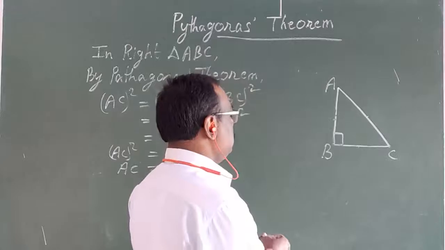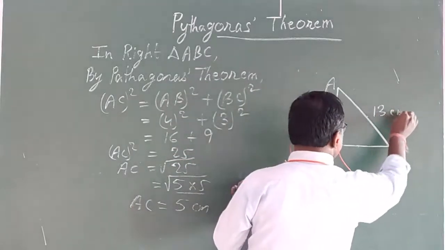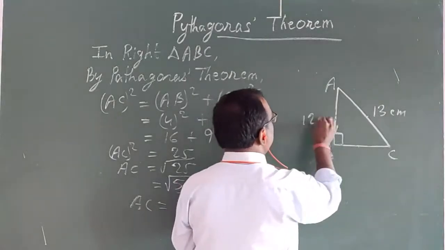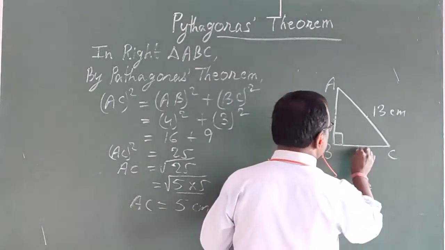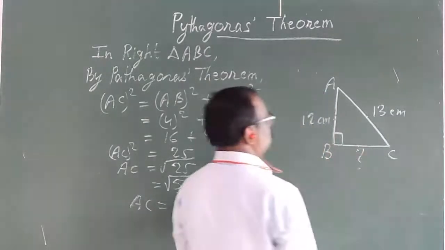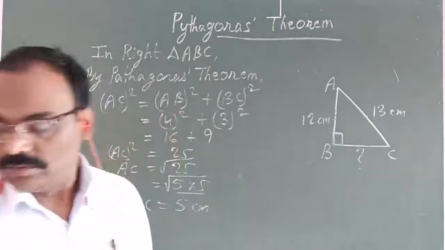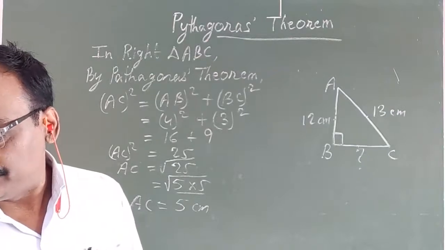Here if I tell you that this hypotenuse is 13 centimeter and this perpendicular line is 12 centimeter, and they have asked us to find the length of this, that is BC, then how should we find? Here also with the help of the Pythagoras theorem we can find.